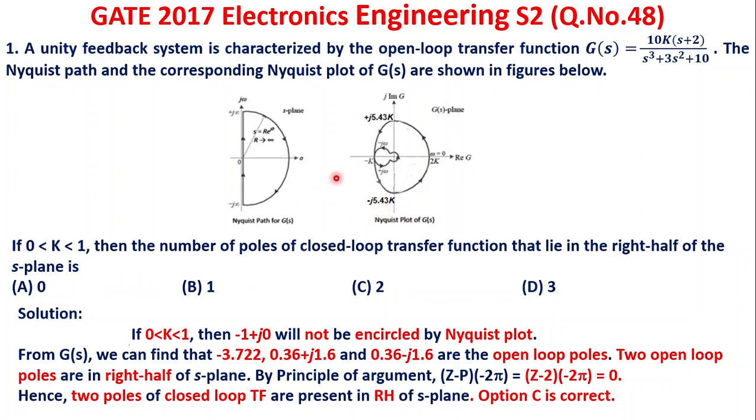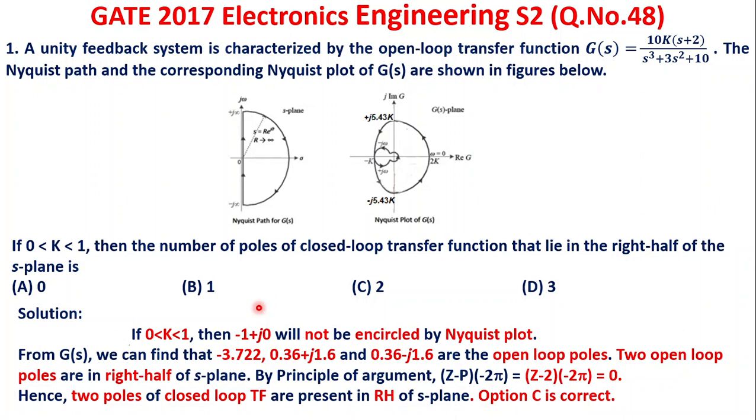So what is asked in this problem is, when K varies from 0 to 1, how many poles of the closed loop transfer function will lie in the right half of the S plane? Now, by the Nyquist stability criterion, we know very well that if the system has to be stable, there should not be encirclement of the Nyquist plot about -1 + j0 if there are no poles in the right half of the S plane.